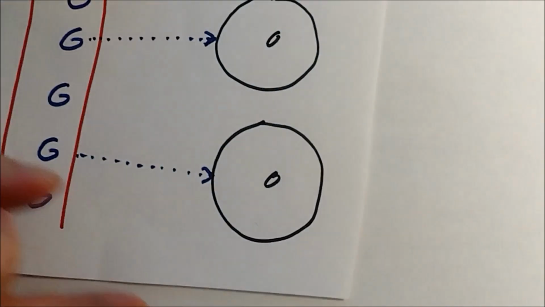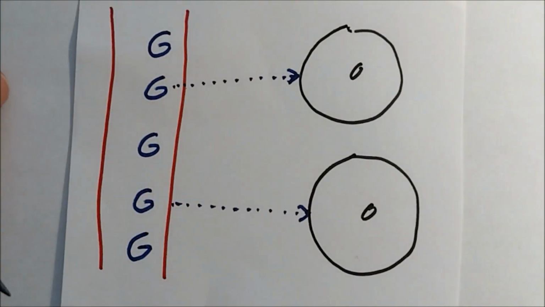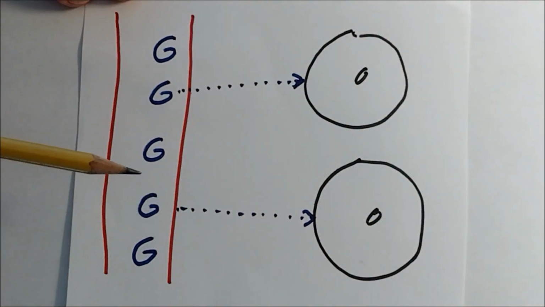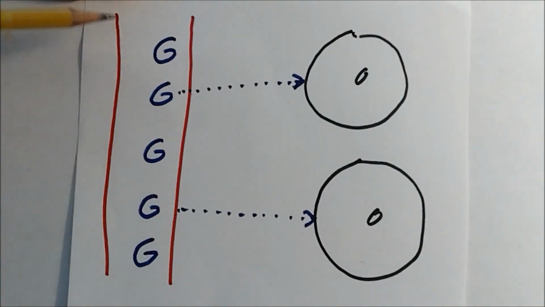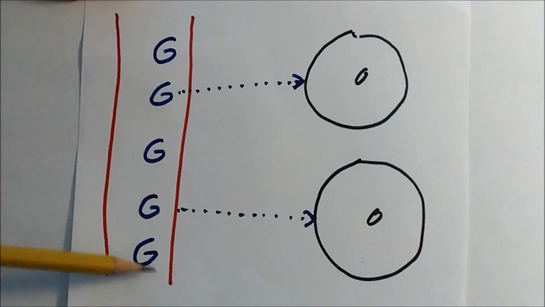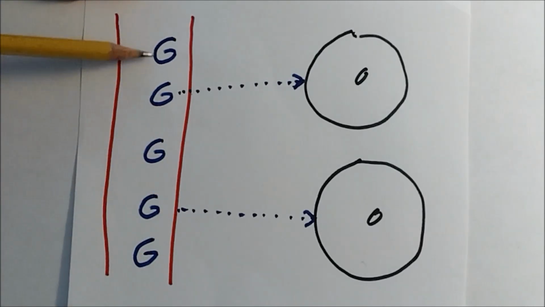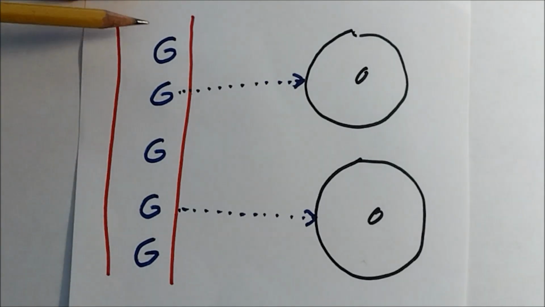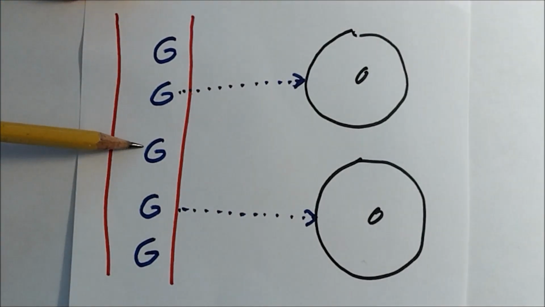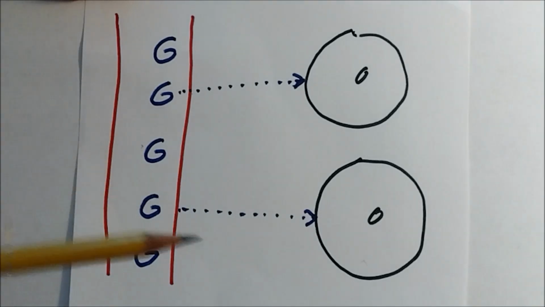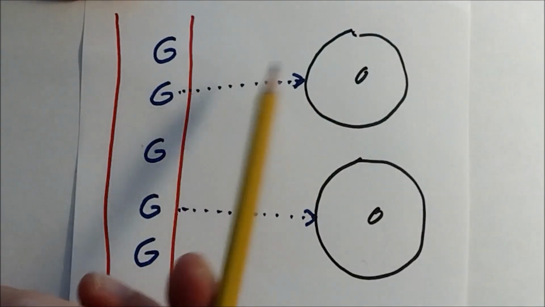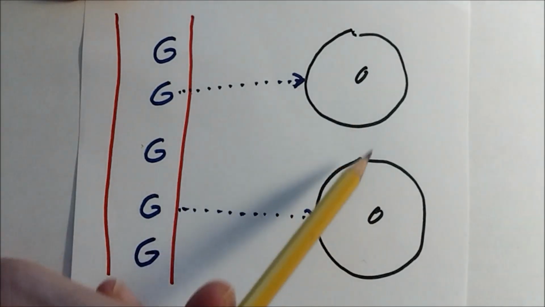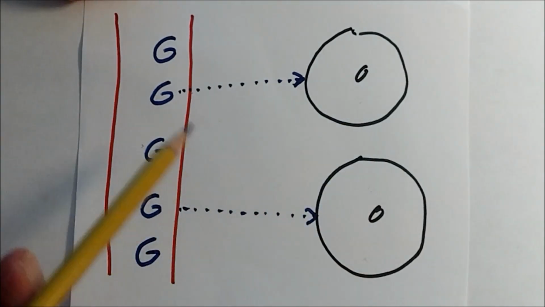I've drawn a little diagram here to help explain how the glucose works. Here's a blood vessel. It would be a capillary in this case. Here are glucose molecules. I've just represented that by the letter G. They're coming down here. They're full of energy because they're a sugar, and they need to get out into the body cells. I've represented these as body cells.